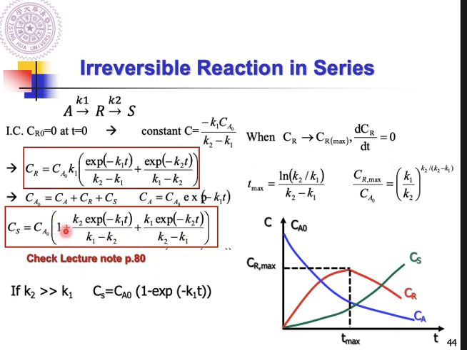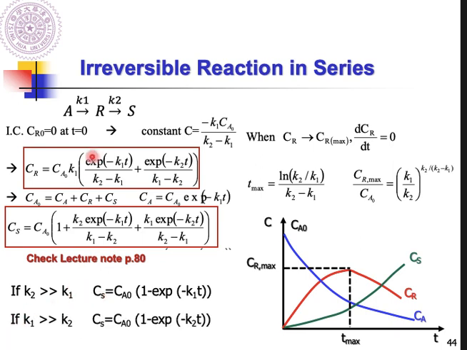So you get 1 minus exponential minus K1t, like this. So you can know the concentration of product S is dominated or controlled by K1, which is the slower reaction. So the slow reaction dominates the concentration of product.